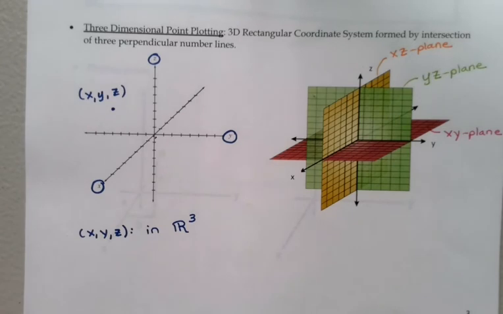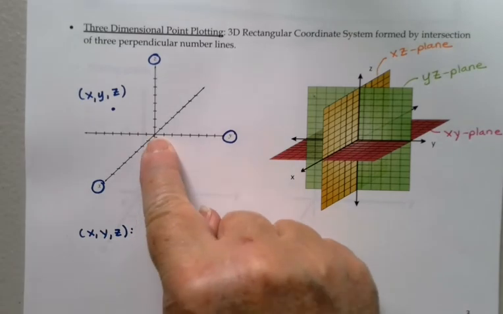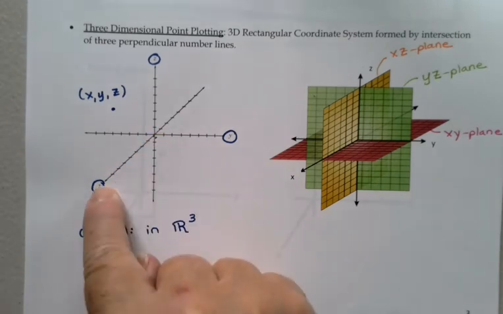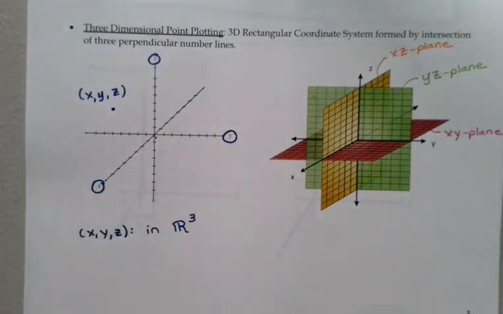One thing I will tell you in this class, we will always use what's called a right-hand coordinate system. And what that means is that if I were to take my right hand, I'm going to put my wrist at the origin, and I'm going to line my fingers up along the x-axis and curl them toward the y-axis. Let's see what would happen.